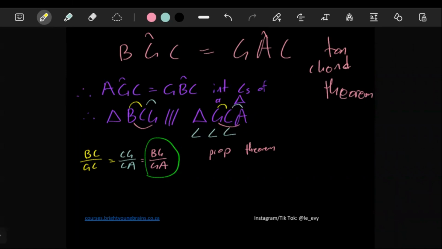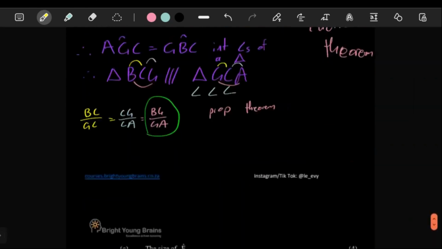So fortunately here we have BG. Wait, what do we have here? What are we being asked again? CG is what we're looking for.